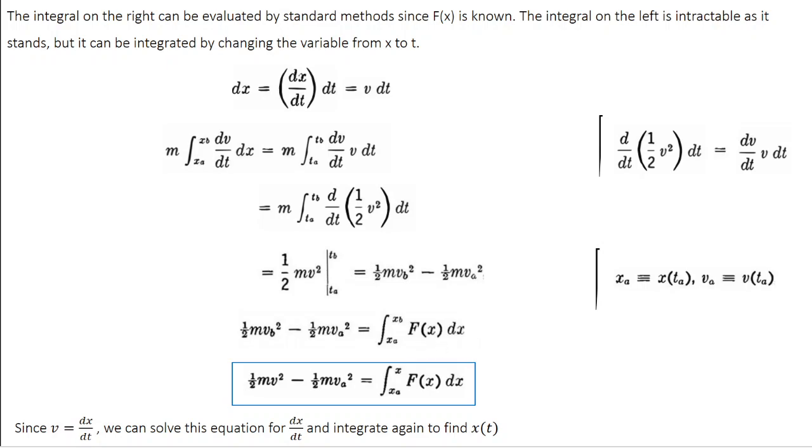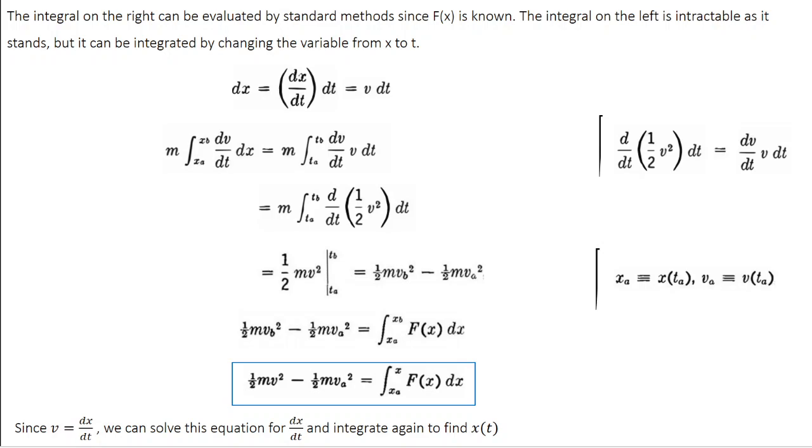But if I want to take a more general case, suppose the system is originally at position xa and after time t it has moved to a general location x where the velocity is v. Now the equation gets modified as half mv square minus half m va square equal to integral xa to x f of x dx.